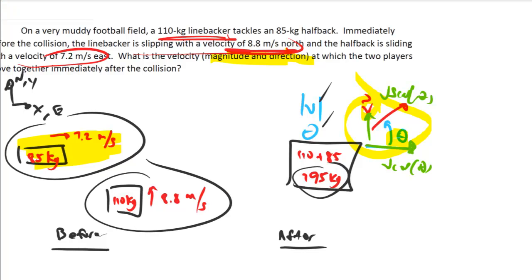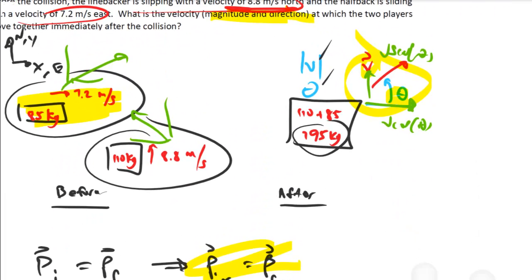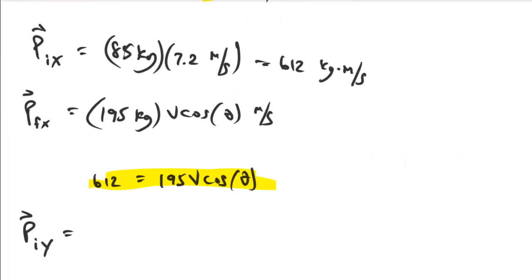If they were headed off at some angles, the first step would have been to break them into components first, right? And then we would have had a little bit more to add together, but this was just set up very simply for us. So the y component momentum is 110 times 8.8.